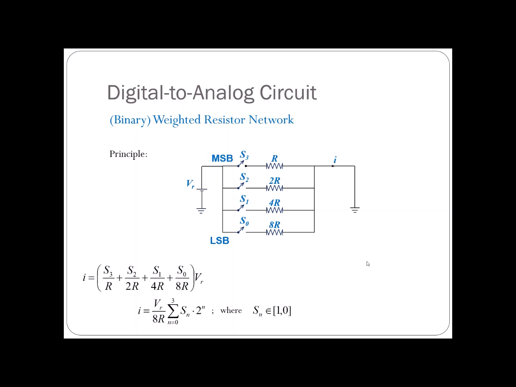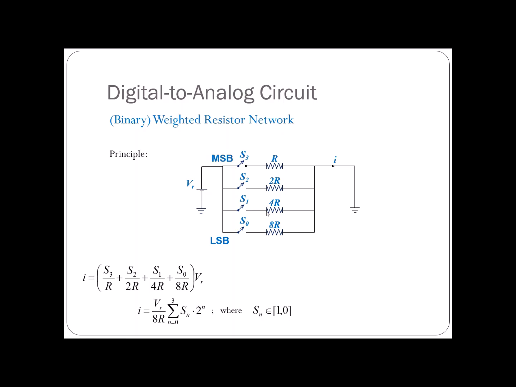This is just the circuit interpretation of the previous diagram you saw before. The MSB is connected to resistor R, the LSB is connected to resistor 8R, S2 to 2R. What I mean by S2 is the second most significant bit, connected to 2R, and the third digit from the most significant bit to 4R, and so on.